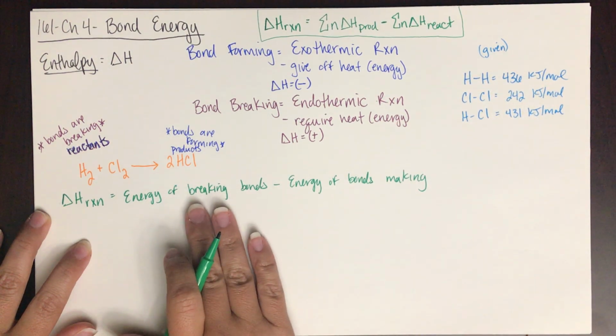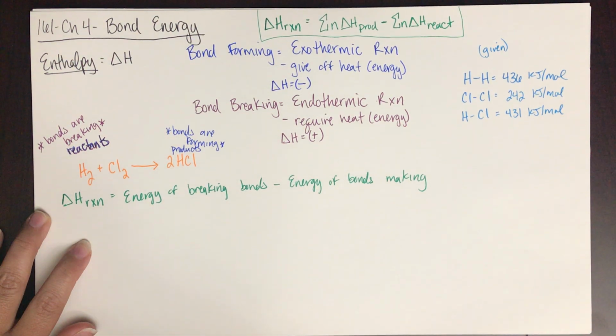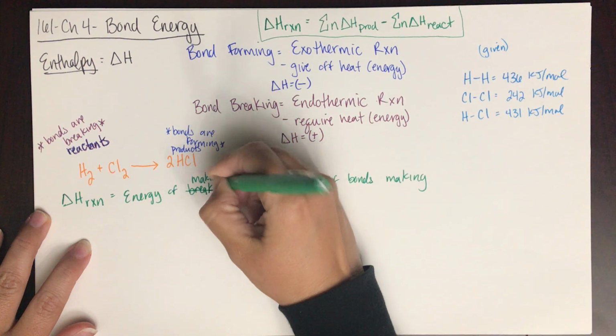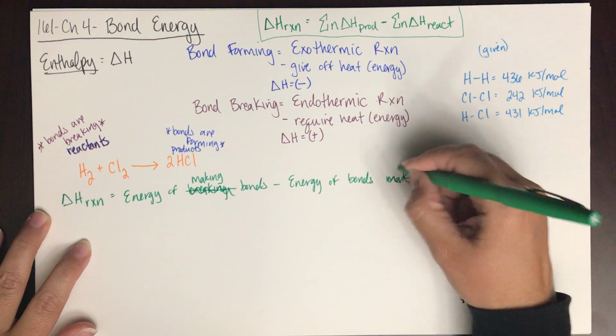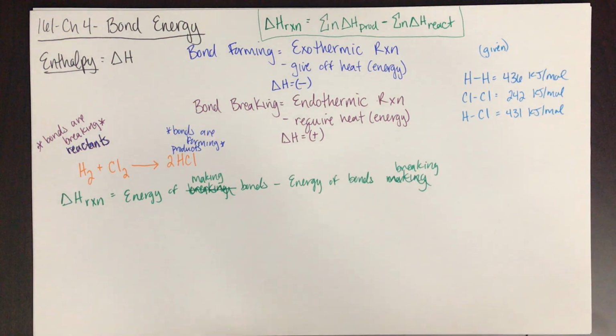So it's the breaking bonds minus the making bonds. I said this backwards. It's the energy of the bonds that you're making, sorry, minus the energy of the bonds that are breaking. It's products minus reactants. It's the energy of the change of the reaction.